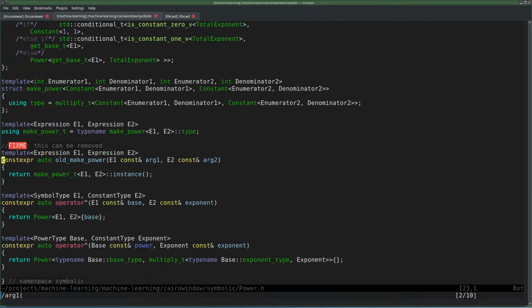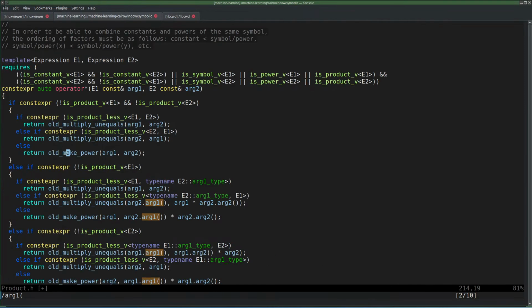Alt make power is now implemented in terms of make power E1, E2. So we can put that literally here, where then of course E1 and E2 must be the types of arg1 and arg2, which happen to be also E1 and E2.